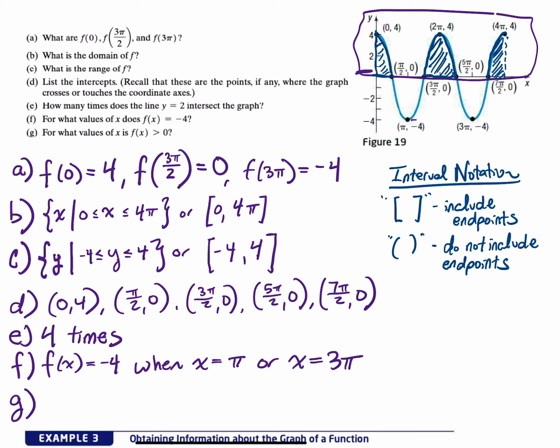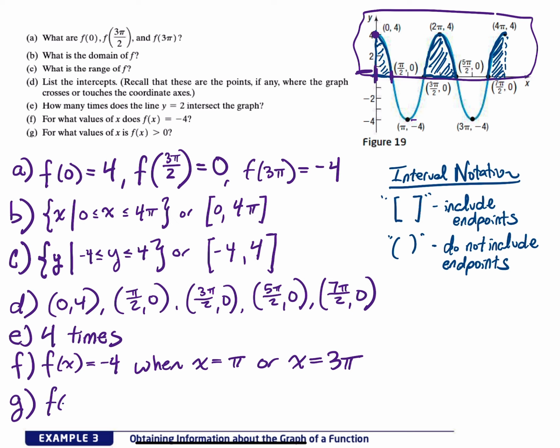And we're talking about intervals of x values. So we can say this first one starts at an x value of 0 and then goes until the x value of pi over 2. So it's definitely, the function is positive when we're starting because it starts at +4.